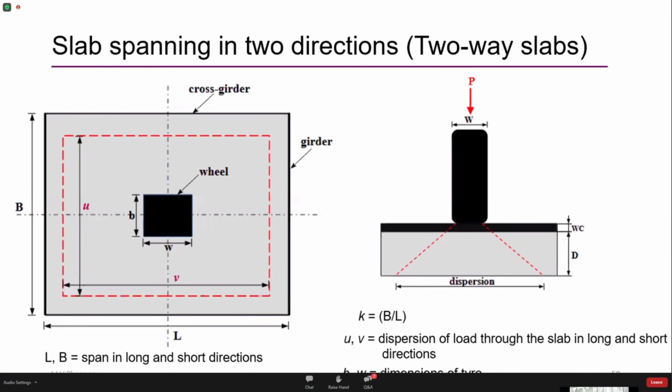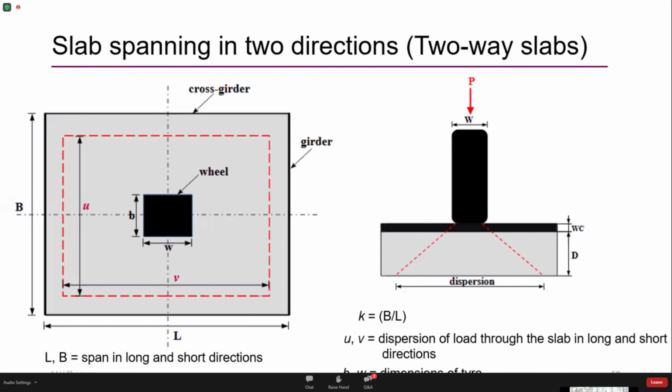So we can go about this and design or analyze a two-way slab. Let's see what Pigeaud's method is and how it is to be adopted. To understand this method, we'll just consider a slab of dimension B and L, where B and L are the dimensions of the slab in the short and long directions.